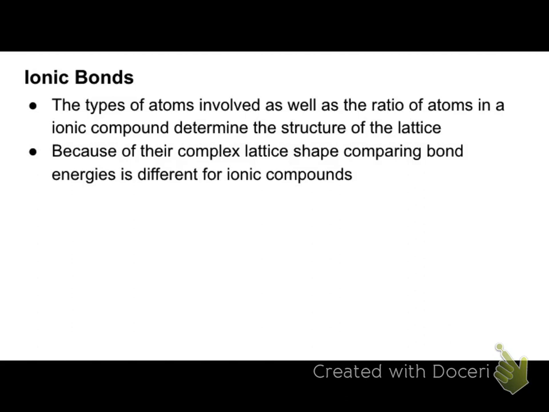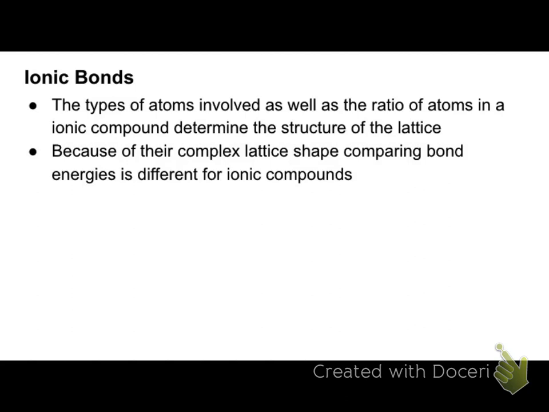If it was calcium and fluorine, it would need to be arranged differently. And the distance between the atoms would also be different because of the attraction forces being different, because different atoms have different electronegativities. Okay? So all that to say, just like different covalent compounds have different bond lengths, different ionic compounds have different lattice structures.